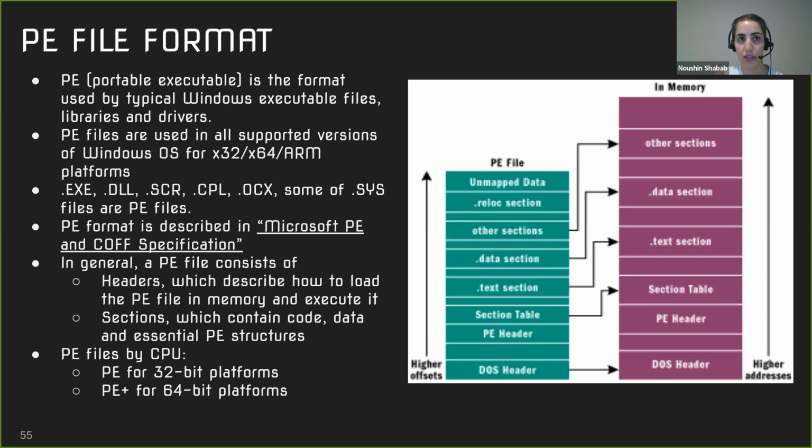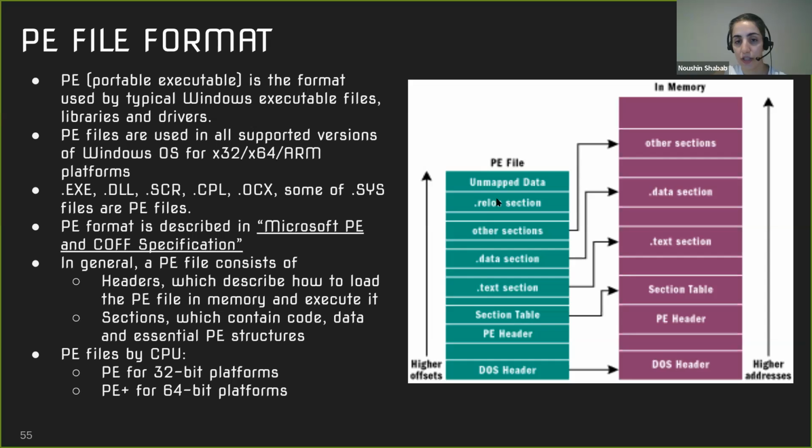For example, where each section is on the disk, what is the size of each section on the disk, how it will be mapped in memory, where it will be mapped, and what's the size of a mapped section in memory, and some characteristics about the section, like if it's executable, if there's executable code inside the section, if it's only writable or readable, and so on.